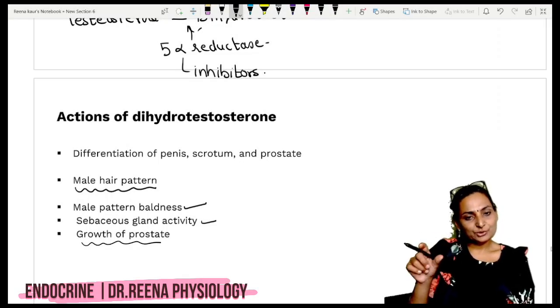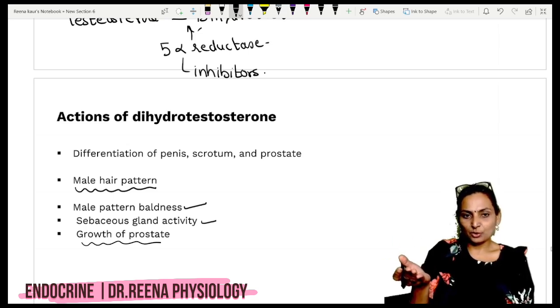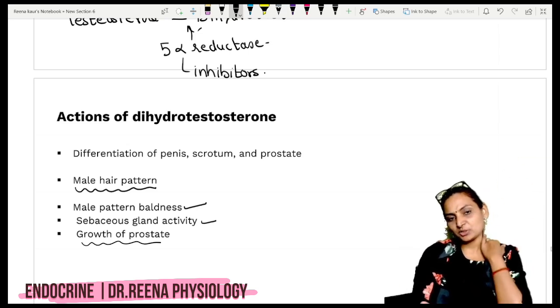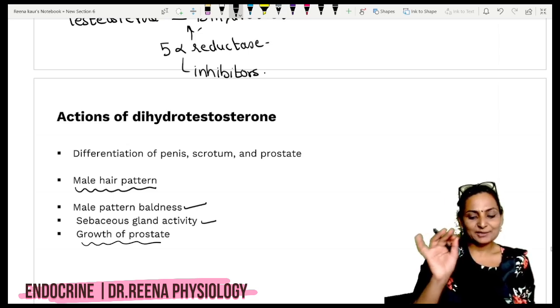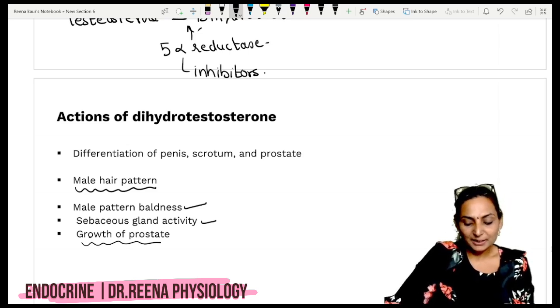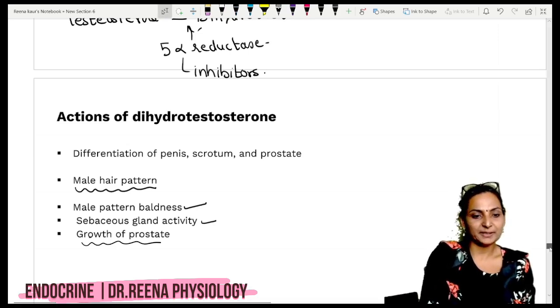Where does dihydrotestosterone come from? Testosterone into dihydrotestosterone by 5 alpha reductase. In BHP, benign hypertrophy of prostate, 5 alpha reductase inhibitors are given. So the specific actions of dihydrotestosterone are growth of the prostate, male hair pattern, and the baldness in males, the male distribution of hair.